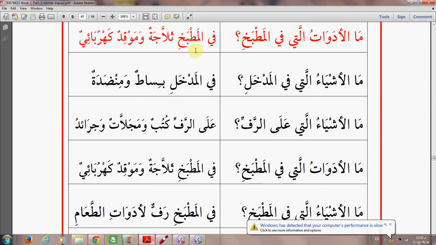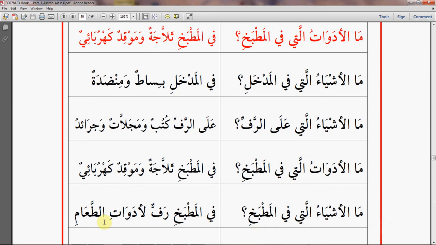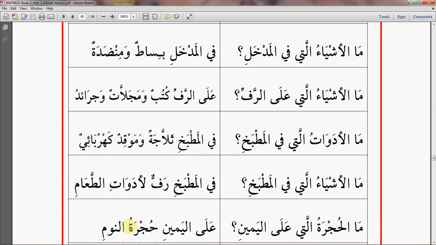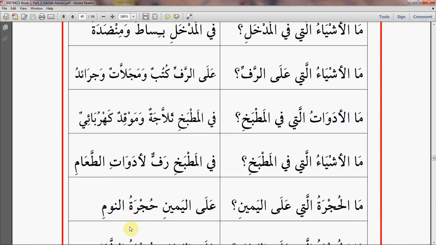Is that similar to في المطبخ رف لأدوات الطعام? No, they are not similar, but this is a new useful sentence. في المطبخ رف لأدوات الطعام means in the kitchen there is a shelf for the food tools. Okay, الطعام means food.